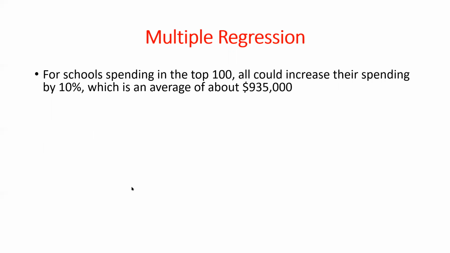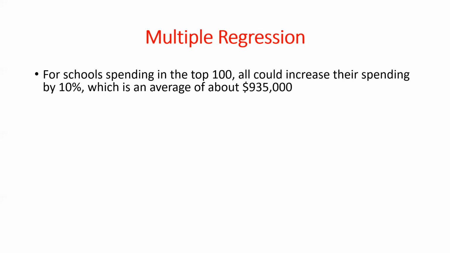So what we're going to do is think about, if I looked at the schools within the top 100, right, in terms of the teams spending the most amount of money on their basketball program, if they were to increase their budget by 10%, that would be about a $935,000 increase. Now, a 10% increase in your budget is a pretty large increase, right? However, I mean, if you think, making the tournament, I shouldn't say teams, conferences are actually given money and then they split it up with the teams.